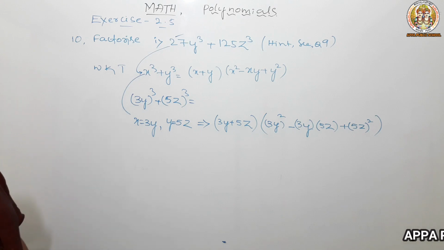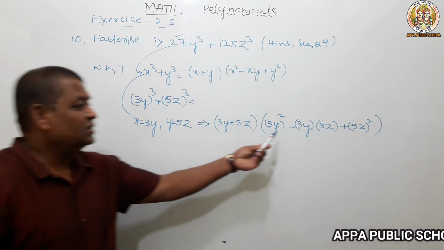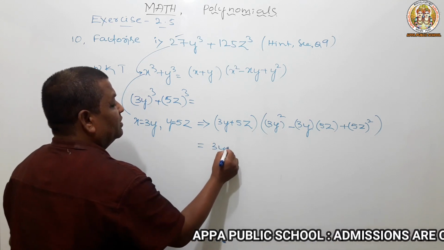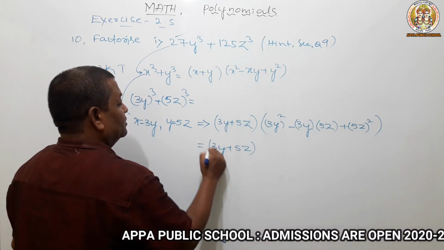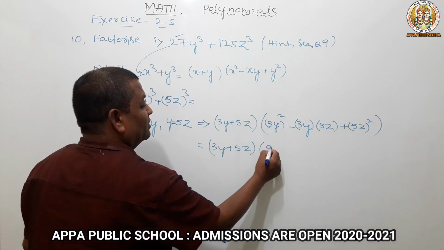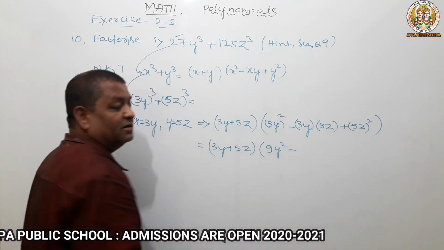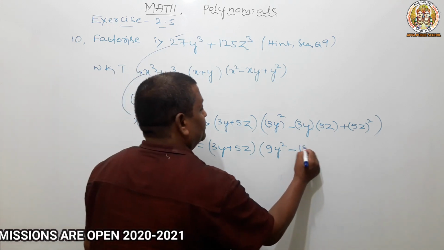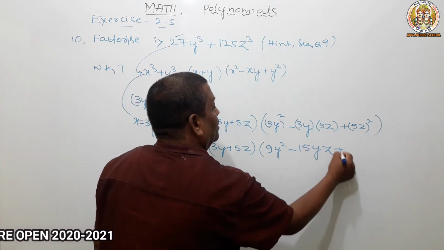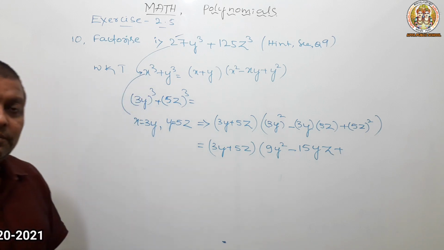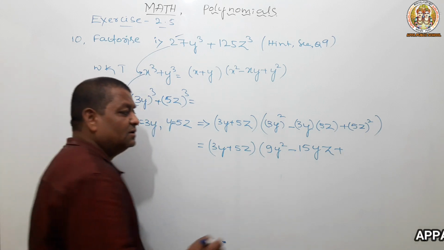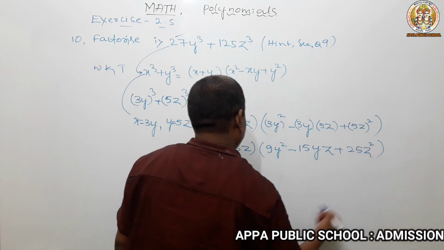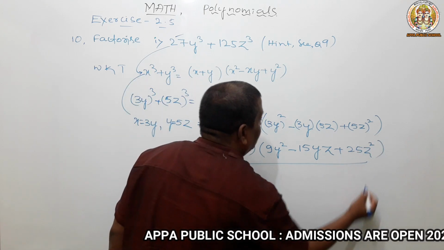After this, we need to open the bracket. 3y plus 5z into 9y square minus 15yz plus 25z square. So this is our answer.